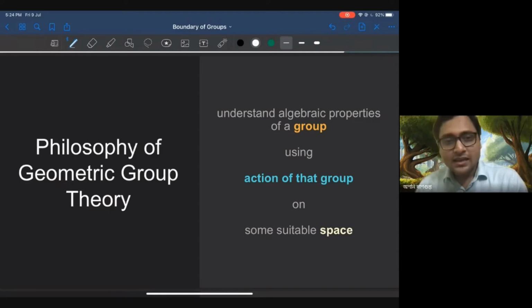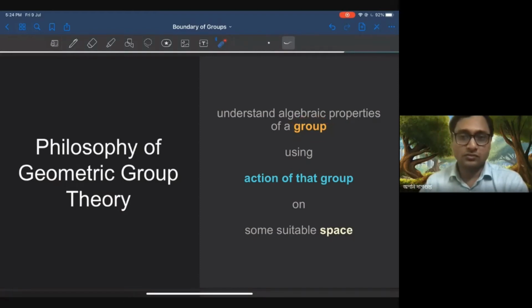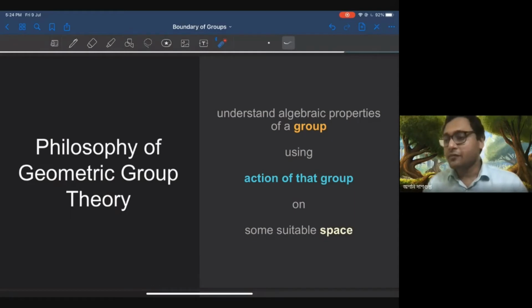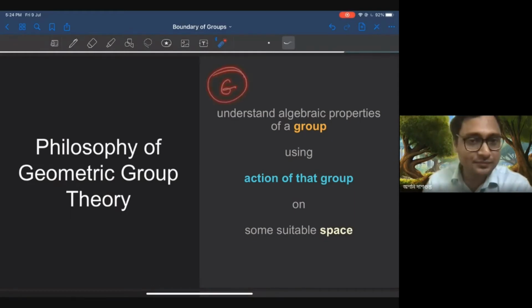So what we are trying to understand here is the algebraic properties of a group. So there is a group given, and if you don't know what a group is, that's fine. I'll come to that in a moment. For the moment, think about it as a set G with some properties.